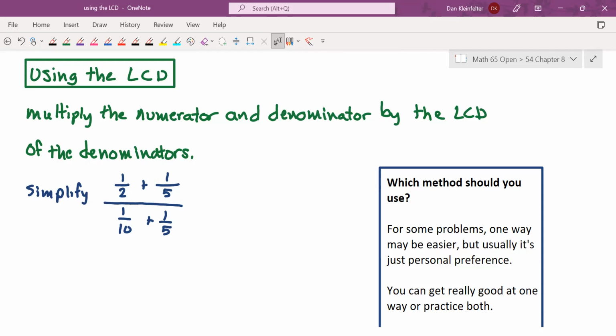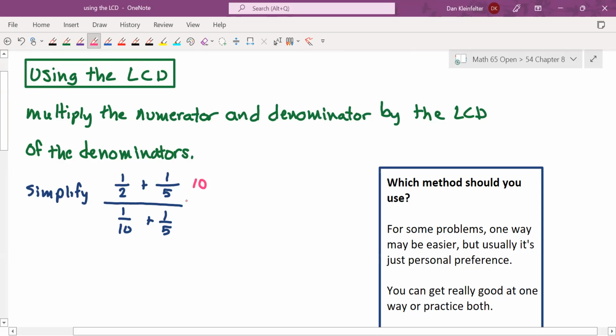The denominators we have are 2 and 5 and 10 and 5. And so the least common multiple of 2, 5, 10, and 5 is going to be 10. So what we'll do is we'll multiply the numerator and denominator of the whole fraction by that 10. So we're going to multiply the top and bottom by 10.